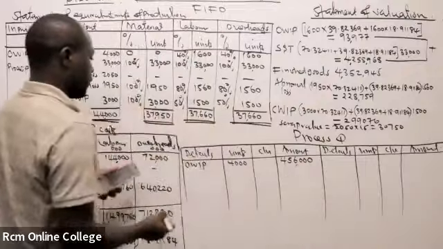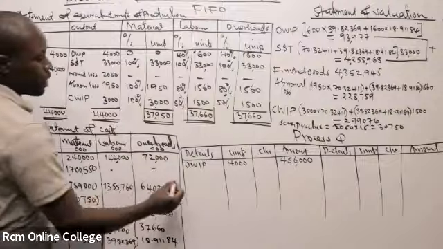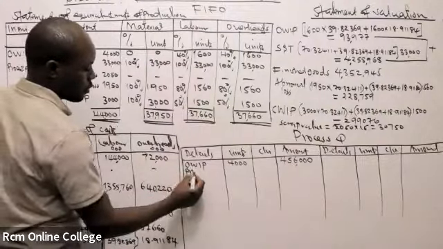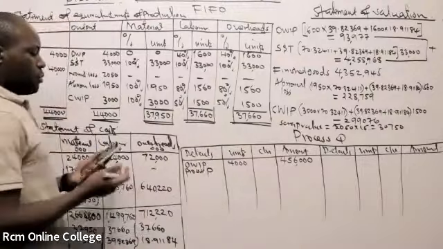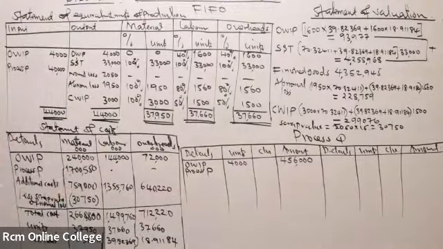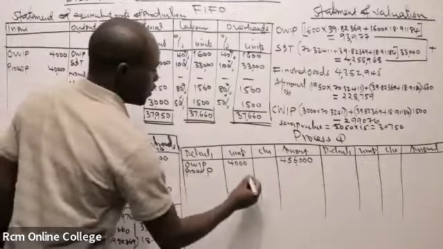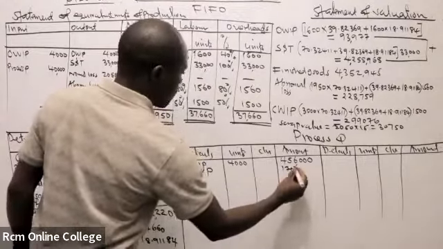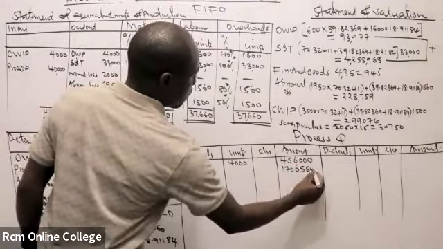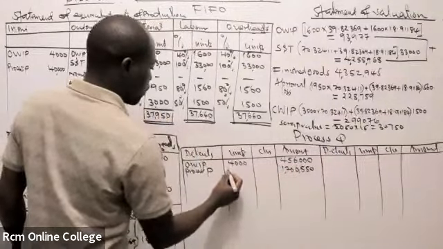456,000, right? Then from the opening work in progress, the inputs, we add process P. Process P gave us a lump sum amount of 1,700,550. And of course, the units were 40,000.